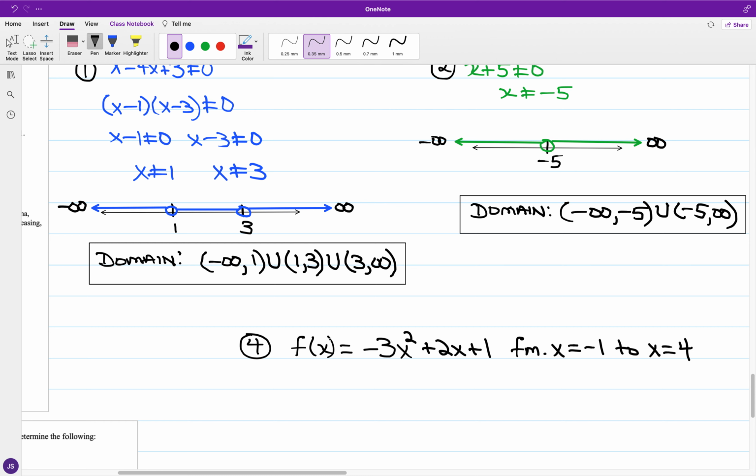So we have the function, and I want to go ahead and identify the initial and final points. At x equals negative 1, the corresponding y value is f of negative 1. Plugging negative 1 in for x, we have negative 3 times the square of negative 1, plus 2 times negative 1, followed by the additional 1.